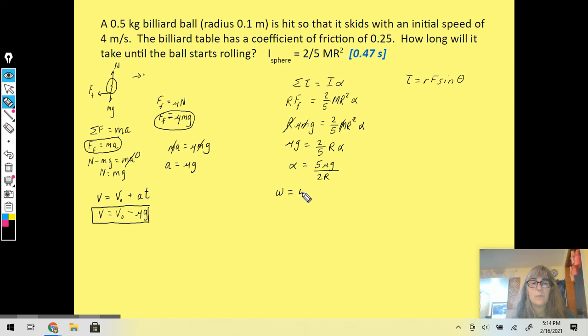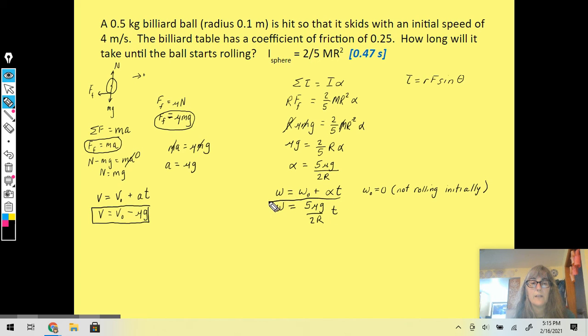Omega is equal to omega 0 plus alpha t. Omega 0 was 0 because it wasn't rolling initially. So we've got omega is equal to alpha, which is 5 mu g over 2r, times t.